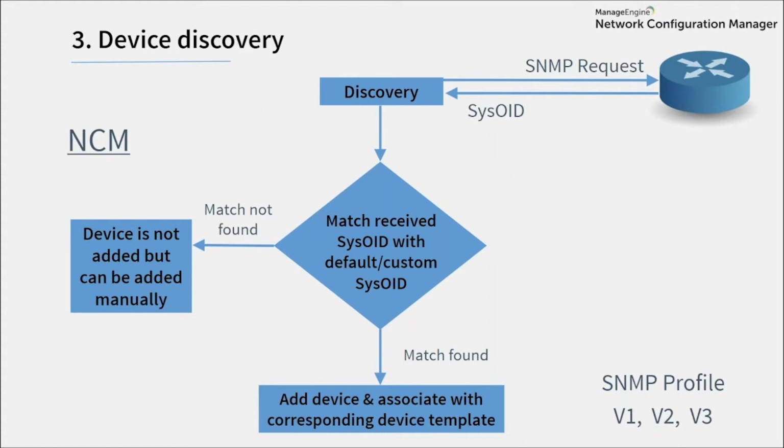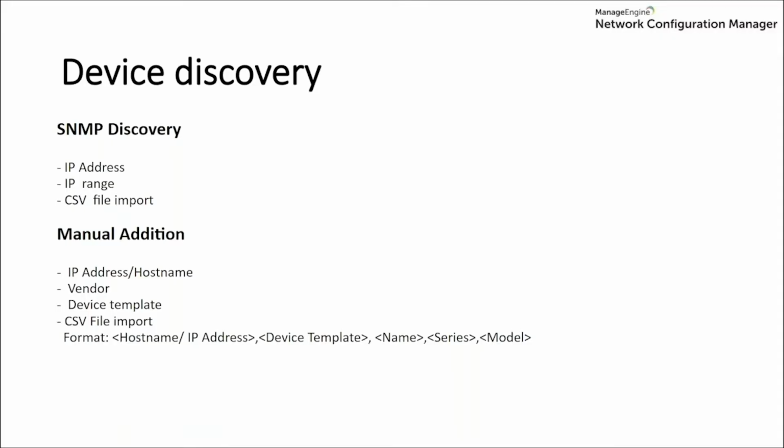The SNMP profiles that NCM supports are SNMP v1, v2, and v3. You can discover devices using two major methods. First is SNMP discovery, where you can discover devices using the IP address, IP range, or via a CSV file import. And then there's manual addition, where you can enter the IP address or the host name of the device.